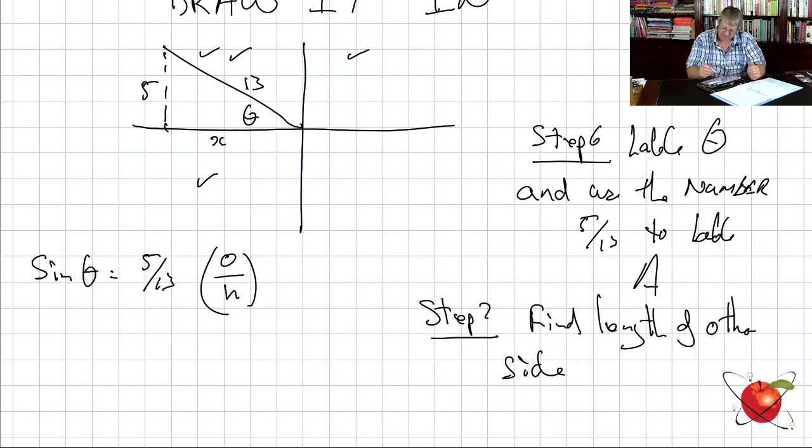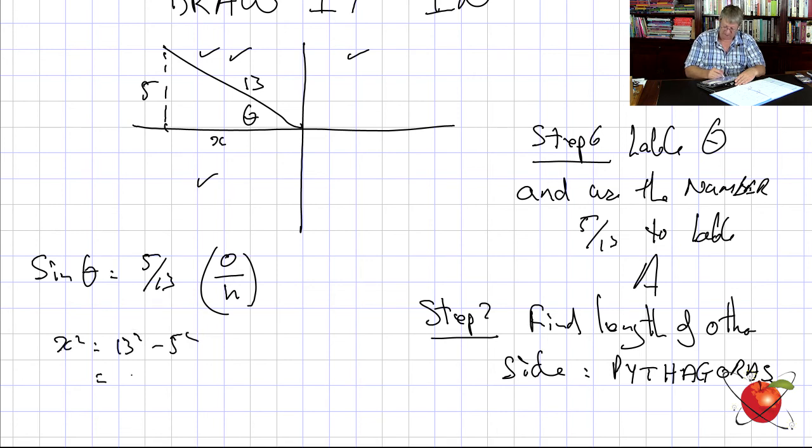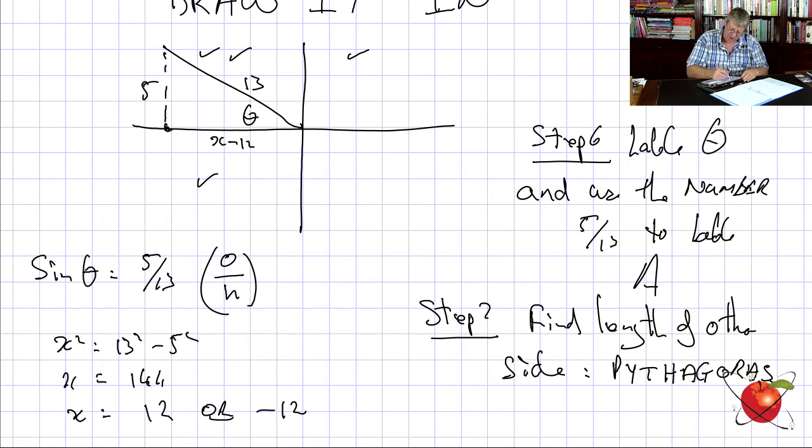Well, we use Pythagoras. Therefore, x squared is equal to 13 squared minus 5 squared, which is 144. Therefore, x is 12, or minus 12. In this case, it's minus 12 because the coordinate there is minus 12, isn't it?